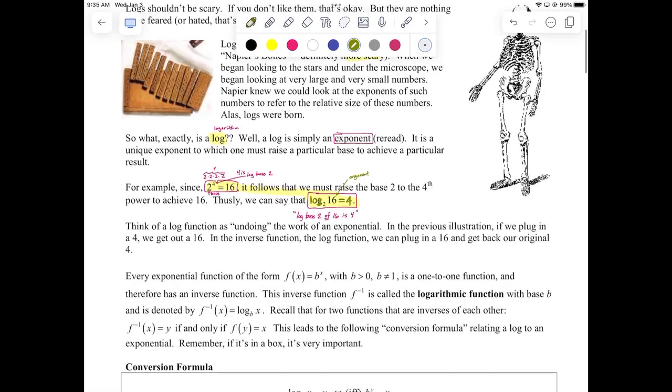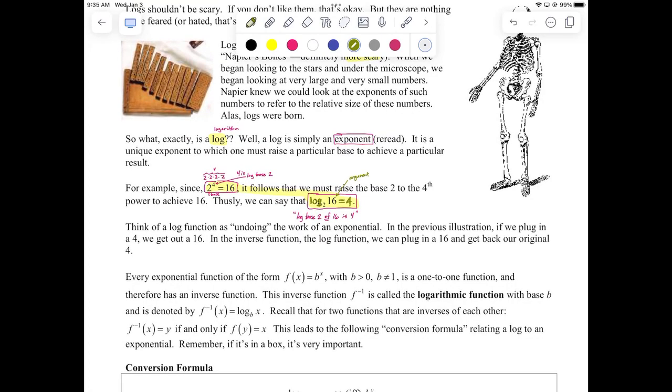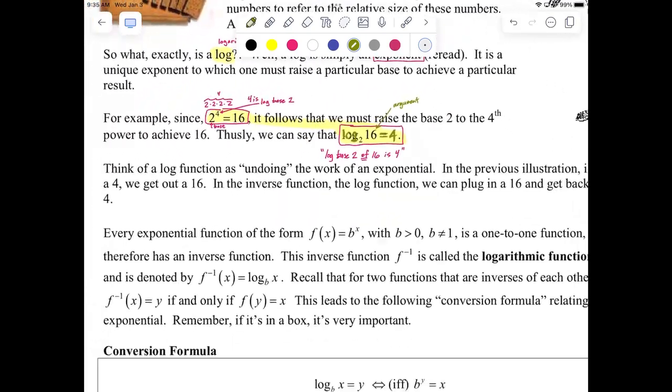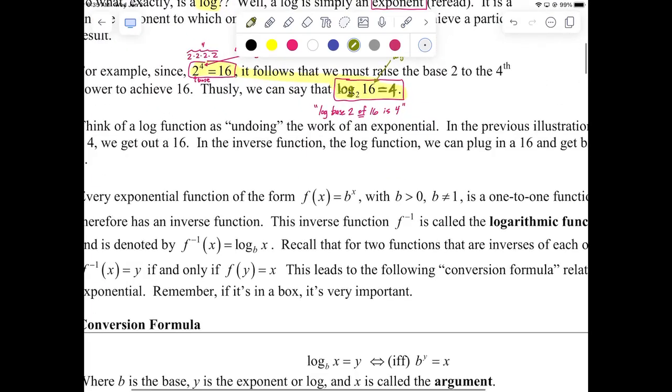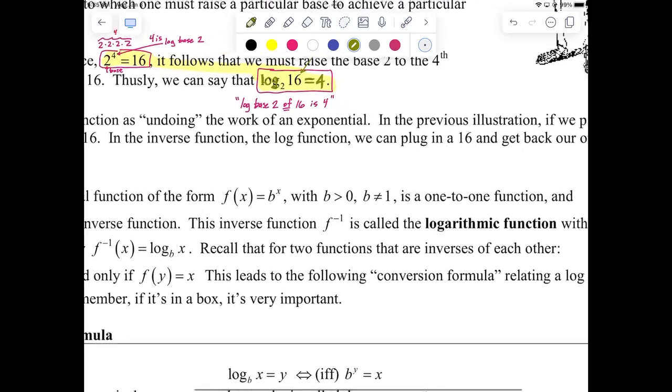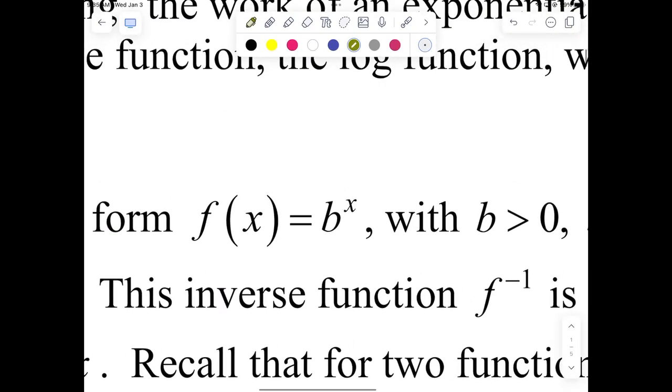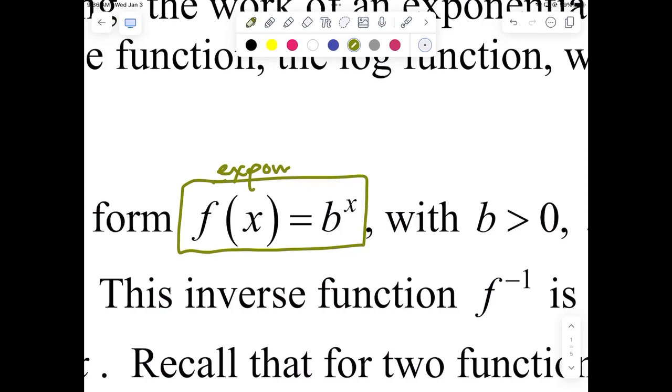So let's talk about how we can go back and forth between these two. We say that the exponential function and the log function, as I already mentioned, are inverses of each other. So let's go back to our exponential function. If f of x is equal to b to the x, this is exponential. Remember, b is the base, x is the exponent.